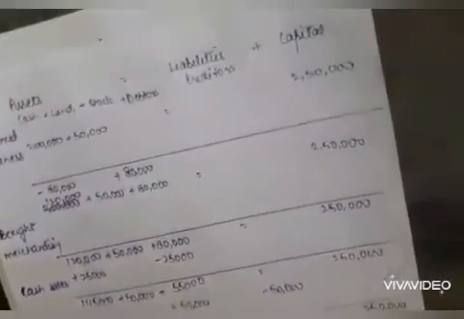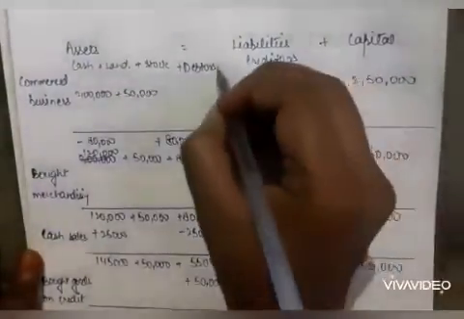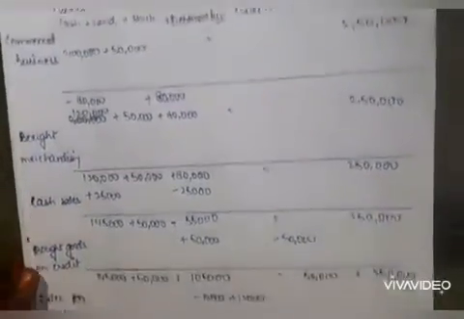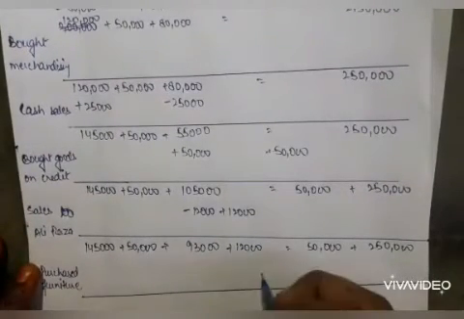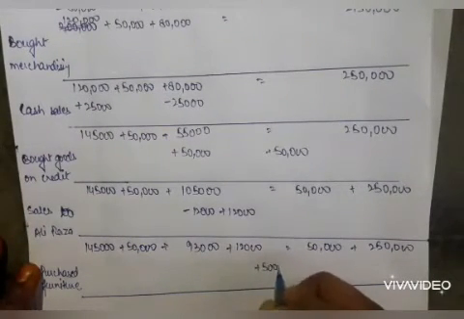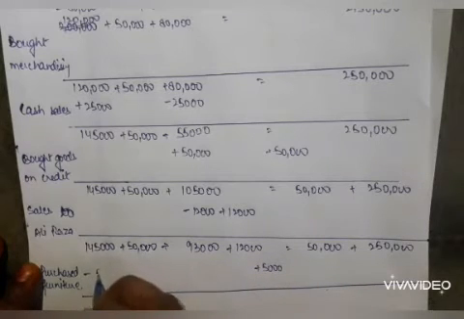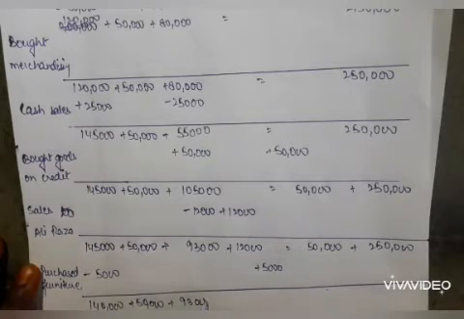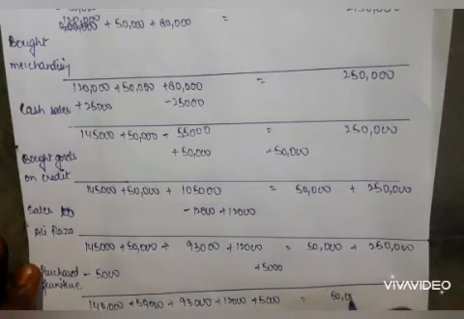So in the asset part we would be writing one more, furniture 5,000, so we would be adding 5,000 here, and because you have paid cash for it, cash we would be deducting here, so it would be 1,40,000 plus 50,000 plus 93,000 plus 12,000 plus 5,000, and this would be equal to 50,000 plus 2,50,000.